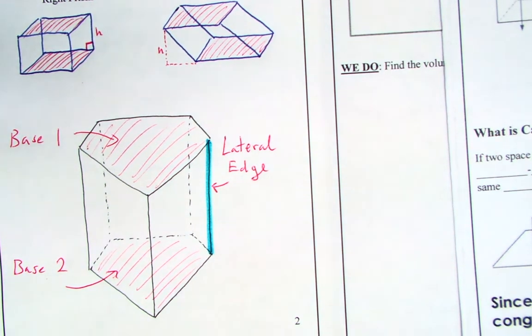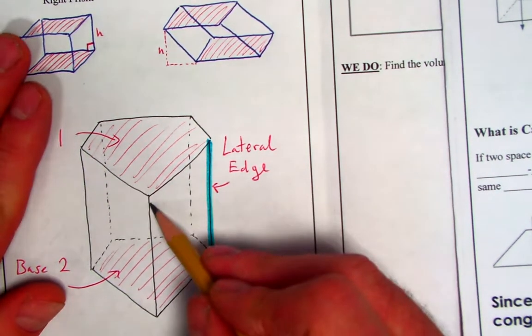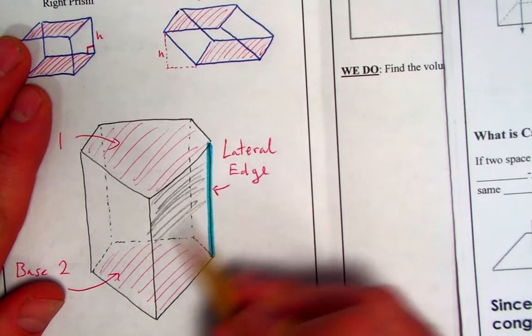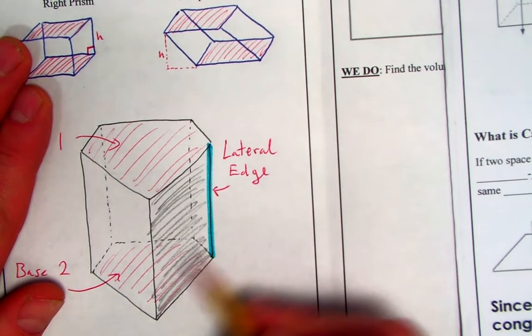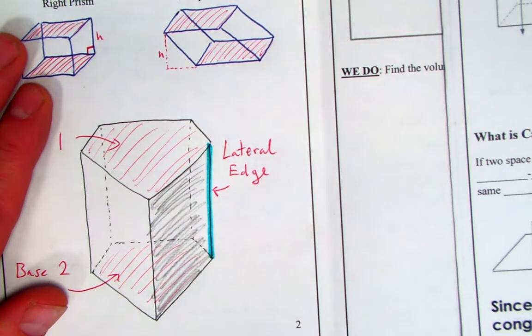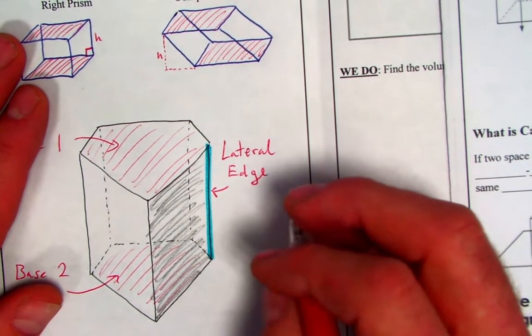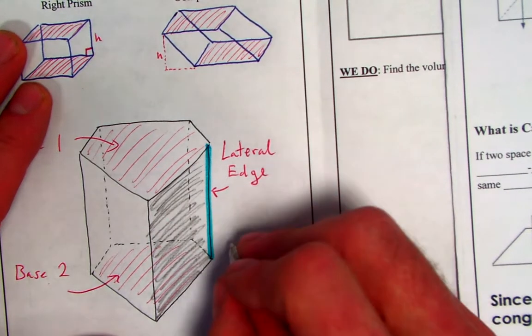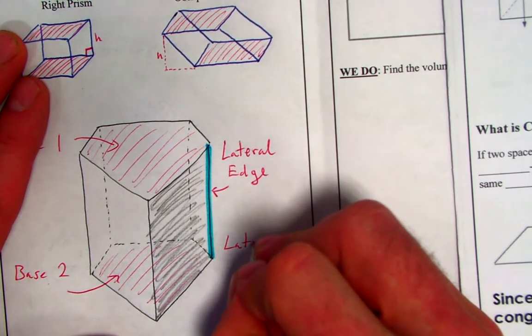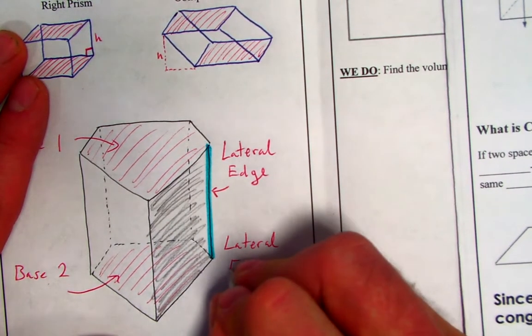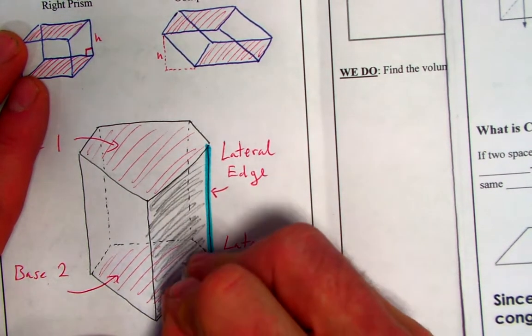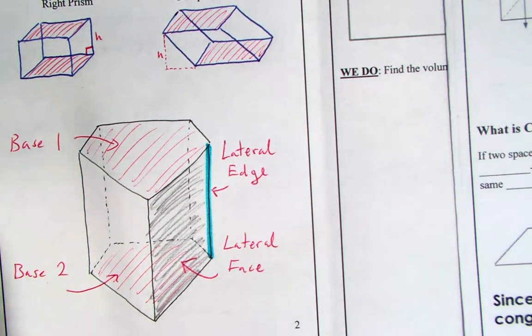No, that's all right, we'll use a pencil. And then we're going to say this is one of the lateral faces for this polygon, or polyhedron. All right, base, face, edge, face.